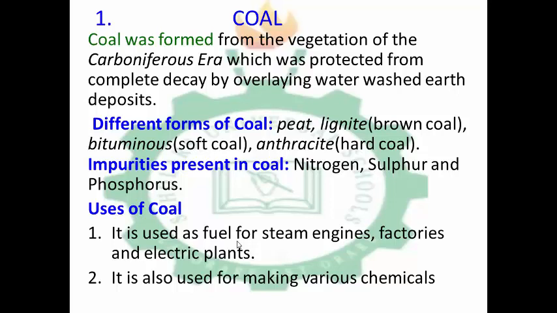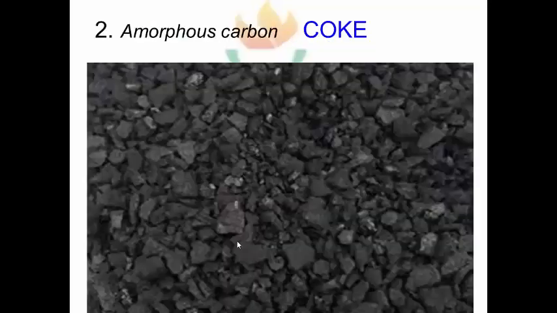This makes use of coal to heat the water and turn it to steam, which will drive the engine. So it is also used in some electric plants and in factories to drive the process as fuel there. It is also used for making various chemicals.